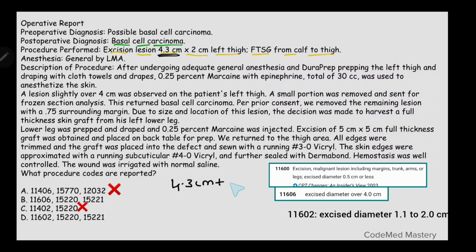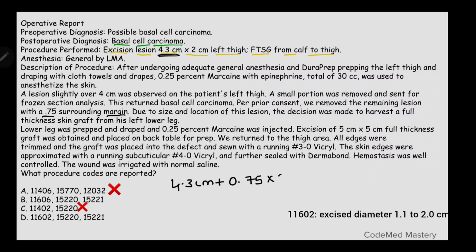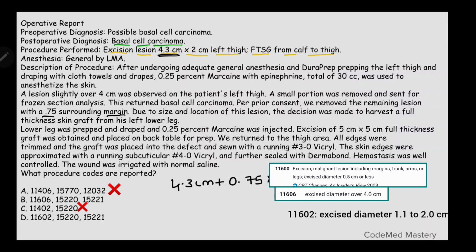And let us check the margin. So the margin is 0.75. So we have to multiply it twice. Right. So what will be the size? The size will be 5.8 centimeter. And the code 11606 is for excised diameter over 4.0 centimeter. Therefore, option B is the right answer. We'll eliminate option D 11602 because the size is not matching.